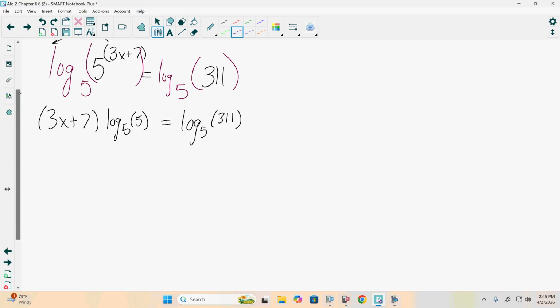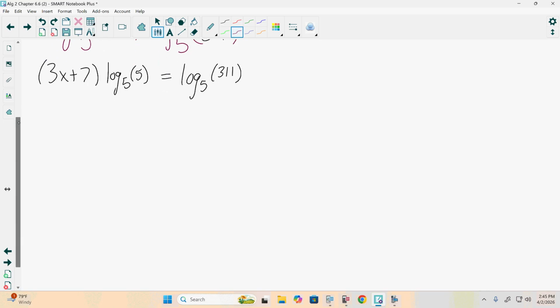Which here doesn't make a big difference either way, because log base 5 of 5 is what? 1. So I just draw this arrow through it just to say this is 1. And what is 3x plus 7 times 1? It's 3x plus 7.